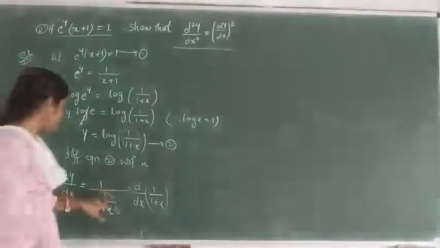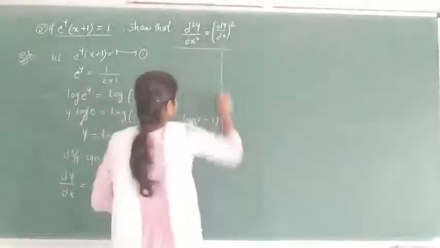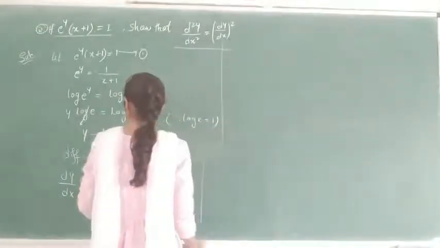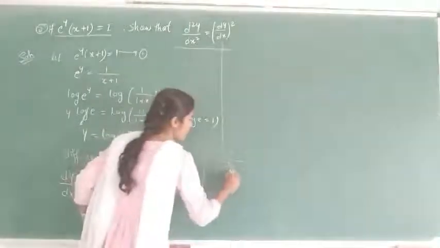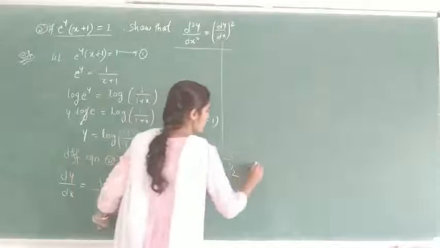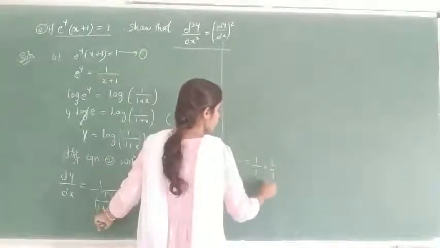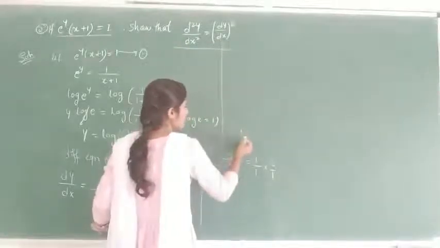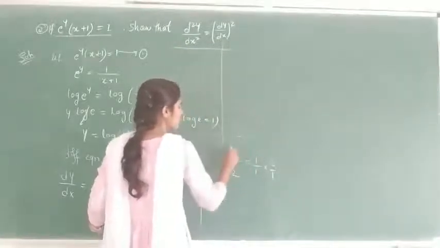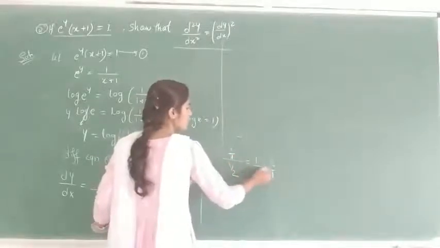That is the derivative of 1 by 1 plus x. Let's see. 1 divided by 1 by 1 plus x. See, 1 by 1 divided by 1 by 2 can be written as 1 by 1 into 2 by 1.